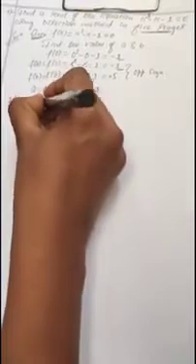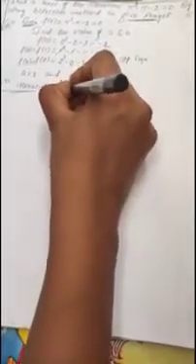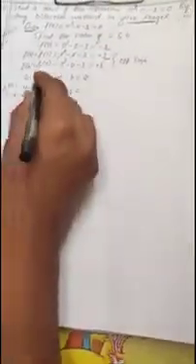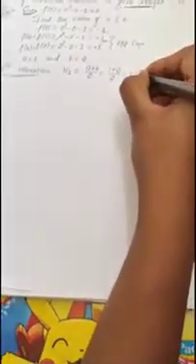Now go through the first iteration. Consider the formula x1 is equal to a plus b by 2, that is 1 plus 2 by 2, which gives 1.5. Next we'll see how we get this using the line diagram.